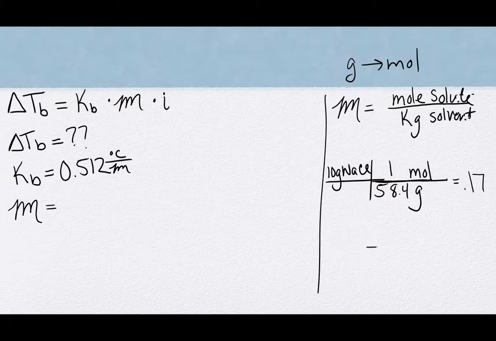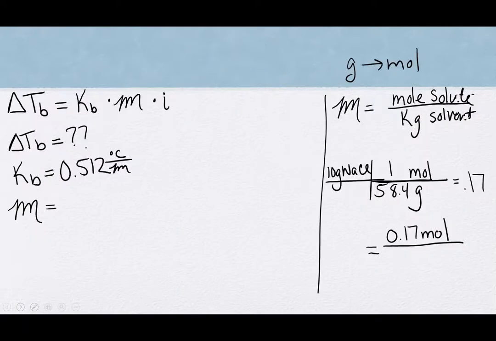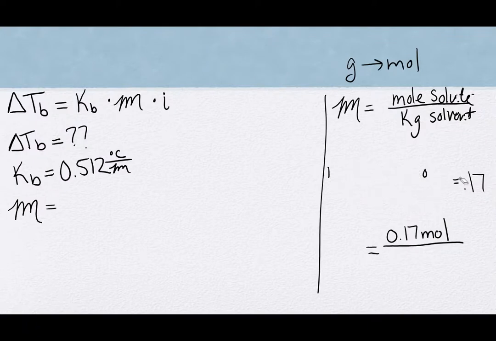So that's the number on top. So 0.17 moles. Okay. Number on the bottom is kilograms of solvent. So it gives it to us in grams. We just need to convert to kilograms. So let me just use this space again here.